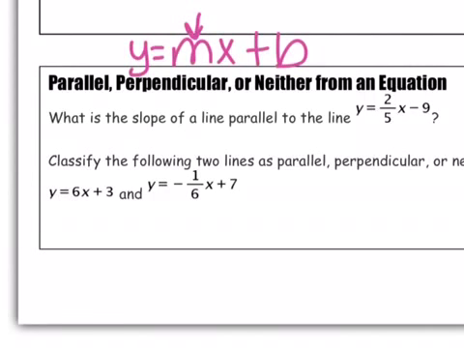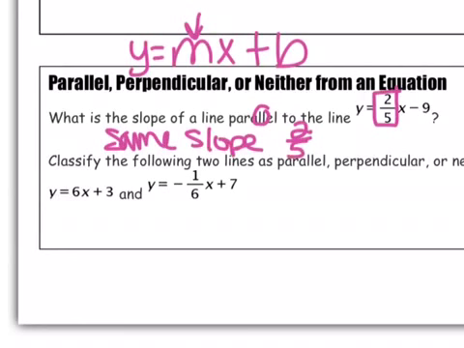Where is our slope on this line? Squished next to the x, 2/5. So what is the slope of a line parallel to the line 2/5? Well, parallel lines have the same slope. So what would be the same slope to 2/5? 2/5.